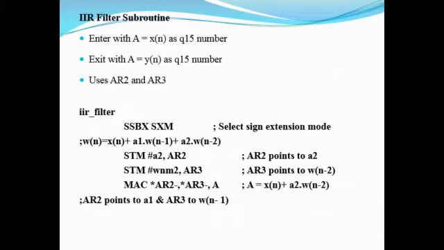The MAC instruction is pointing to the AR2 and AR3 content, and the product term will be added again with the content of the accumulator, and stored in the accumulator. So AR2 is pointing to A1 and AR3 is pointing to W of n minus 1.